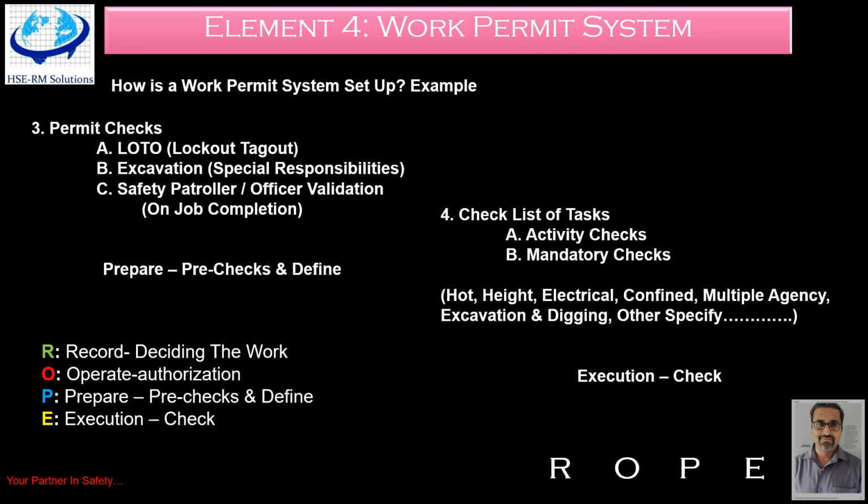Whether the area is cleared or not? Compressed gas cylinder, whatever checks are to be done, whether they are done or not, whether they are informed or not, whether gas testing or the area LEL levels or flammability levels are checked or not. Then firefighting: which type of fire extinguisher you have to put, water, foam, CO2, ABC, DCP, whatever, you just have to check, just tick marks. So these are the checklist for hot work permits.